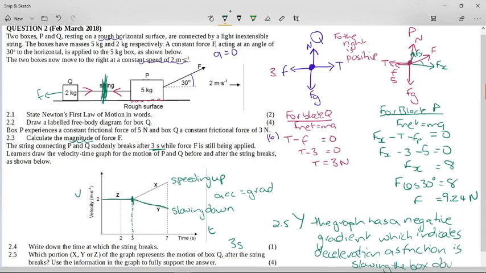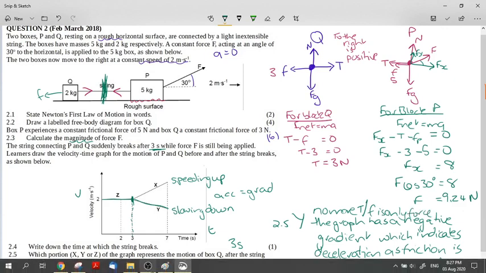Okay, or you could say no more tension as well for friction slowing the box down. No more tension, or friction is the only force on the box. There we go, and that question is now fully answered.